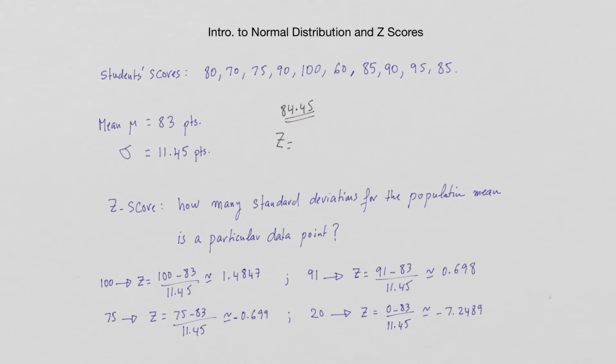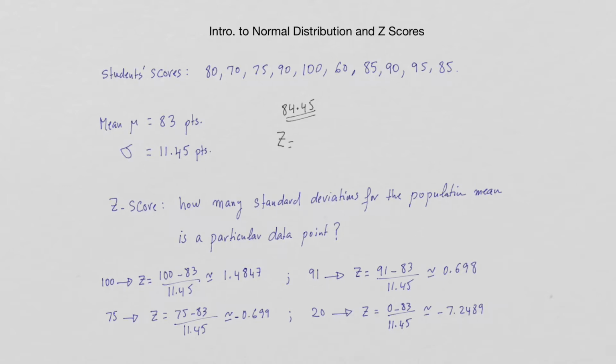Well, let's see. We know the mean is 83. Let's keep adding a bunch of 11.45 until I hit this number. If I add the first 11.45, I hit it on the spot. So the Z-score that represents 84.45 must be 1.